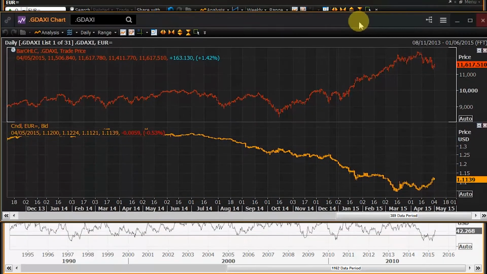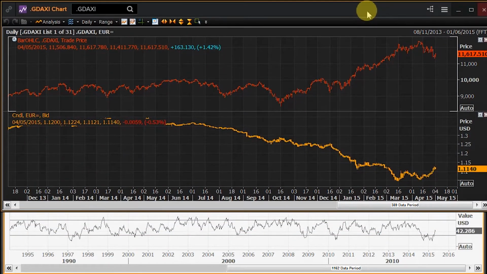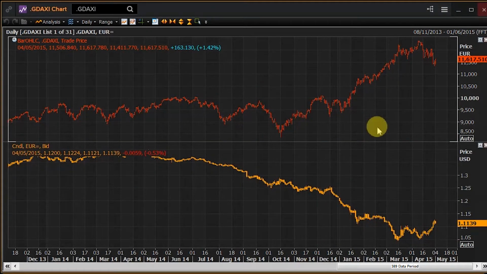And what I want to show you over here is that this week, so this is above here, what we have is the DAX, okay, and here you have the DAX finding a peak back in the middle part of March, and that's when the euro found its low. Then again, when we found another peak in the back end of April, the euro found another low over here.